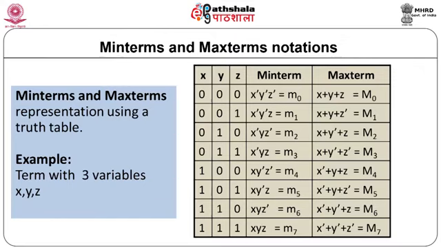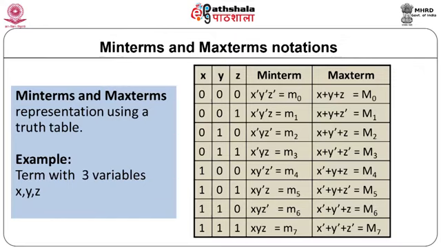So, for the input values 0, 0, 0, the min term can be written as complement of x ANDed with complement of y ANDed with complement of z, which is represented as lowercase m subscript 0.